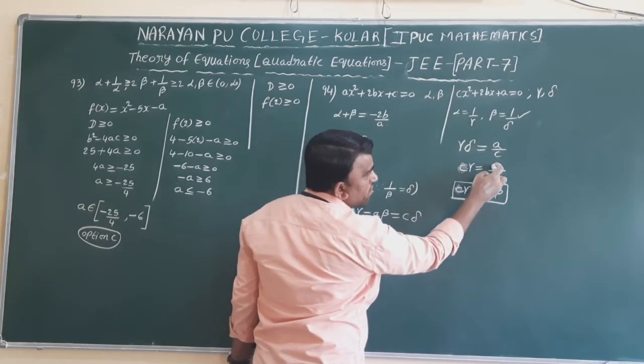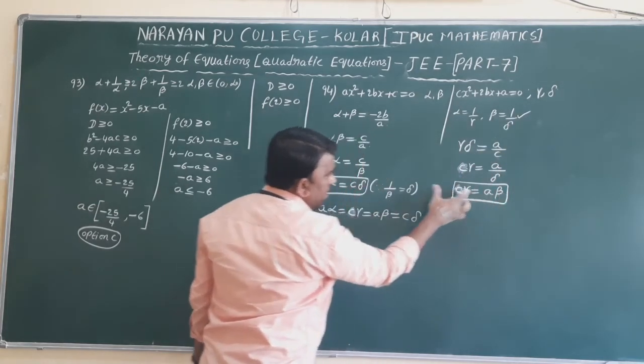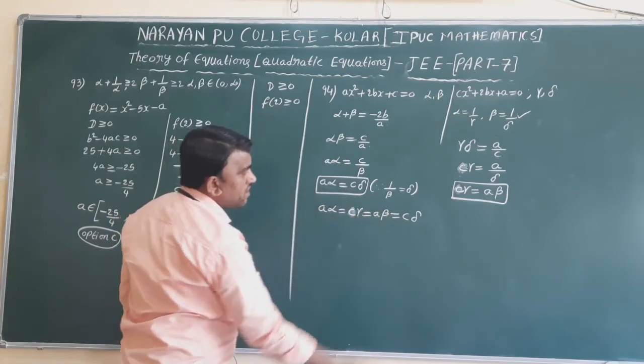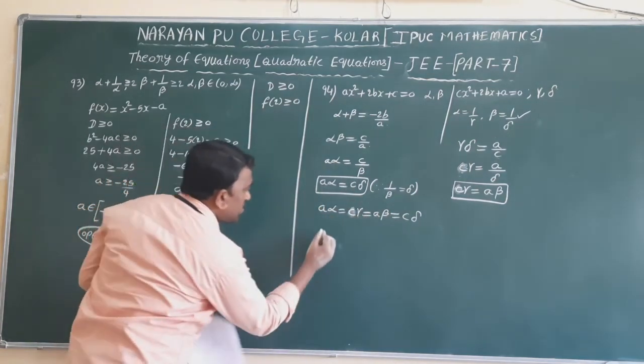C gamma equal to a into 1 by delta, what can we write? Beta from this. So c gamma equal to a beta. Equate this: a alpha equal to a beta equal to c delta equal to c gamma. Verify the options. Option C is correct one.